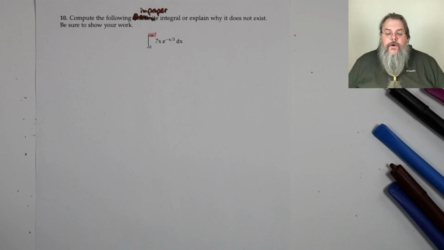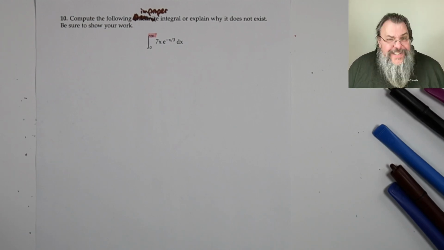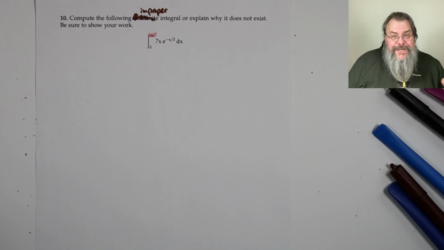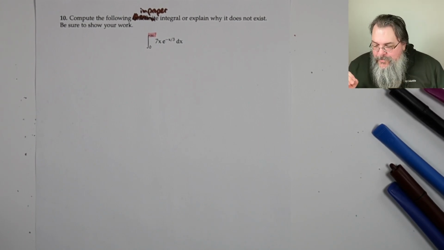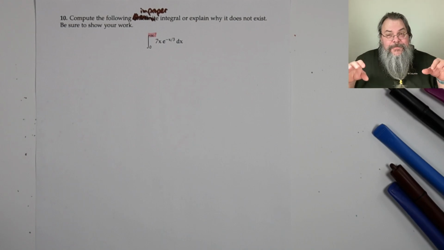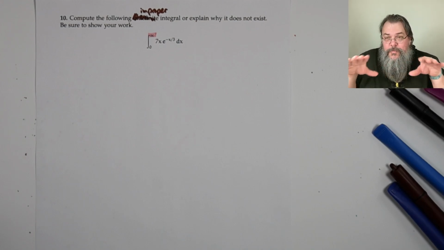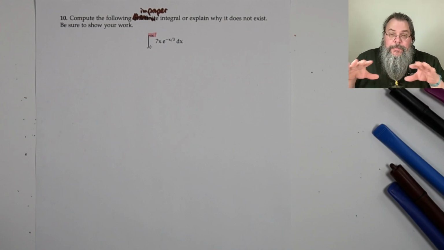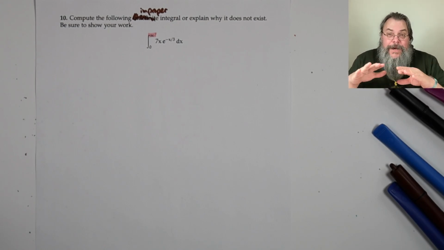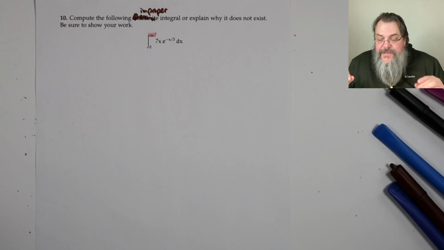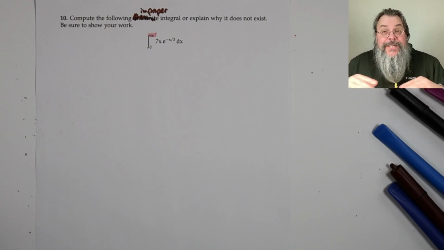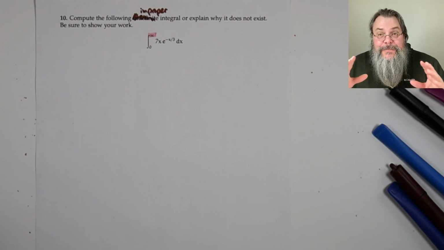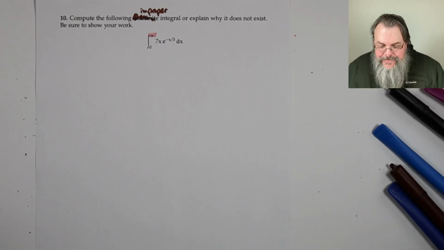On a side note, this is technically not the first time we've seen an improper integral on this test, but here we're going to be extra careful and take our time. Maybe not take too much time because we only have about 10 or so minutes left. Take a little bit of time. Enjoy the process.